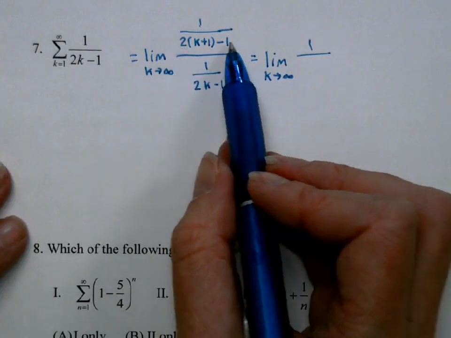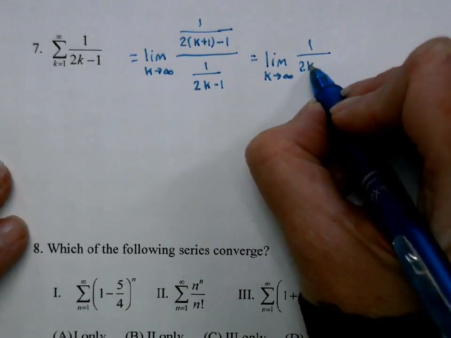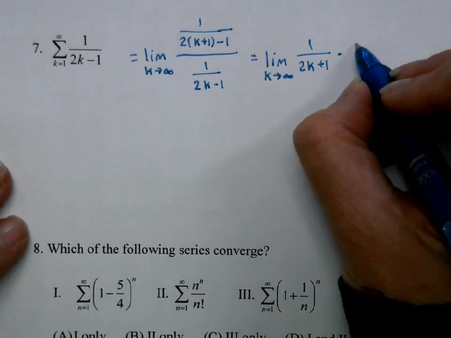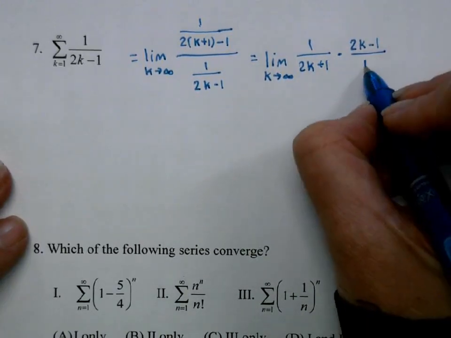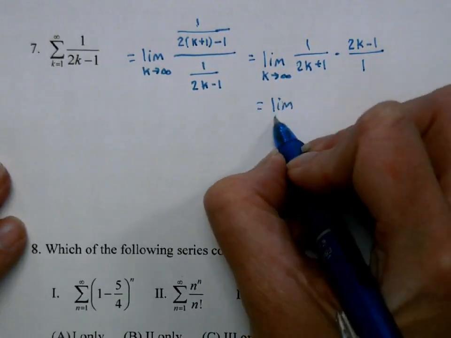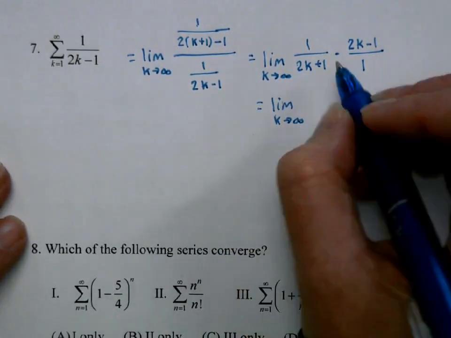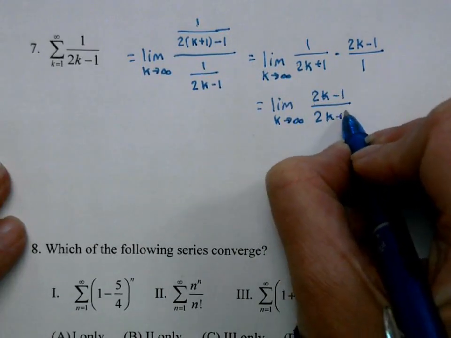I get 2k plus 2 minus 1, which is 2k plus 1. Okay, so we get that.